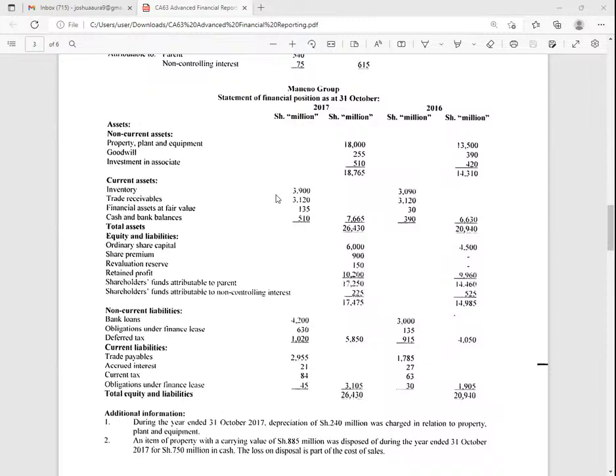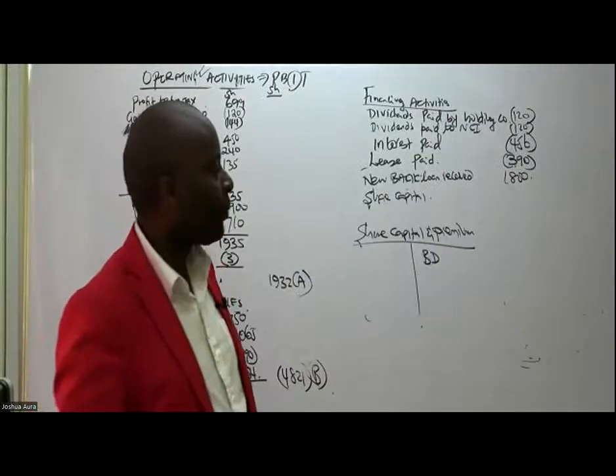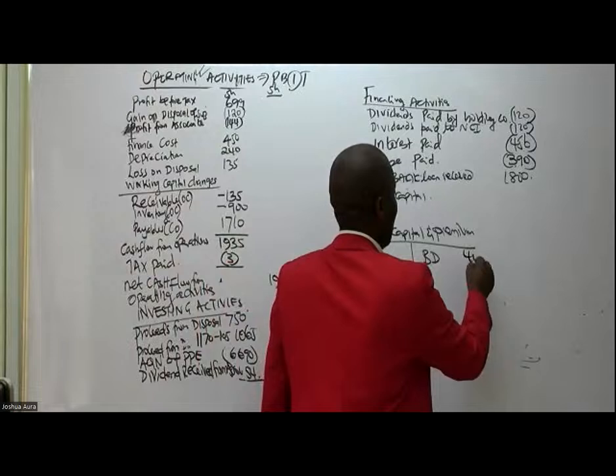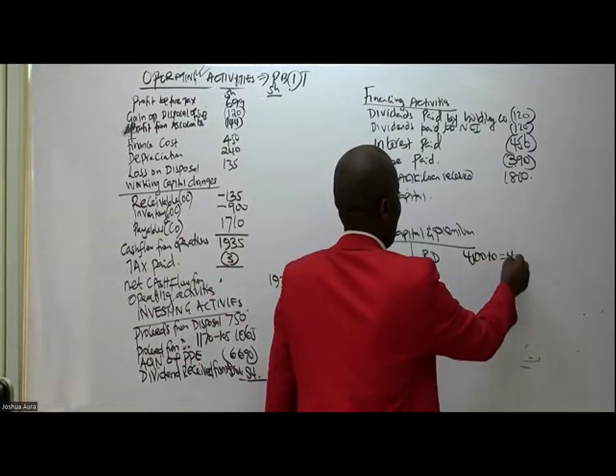Brought down, share capital is 4,500 plus 0, which gives me 4,500.